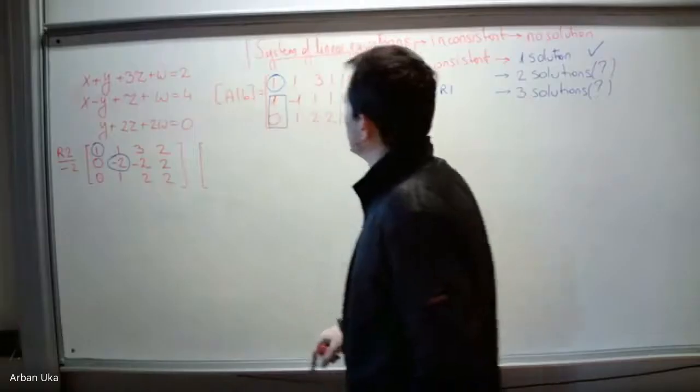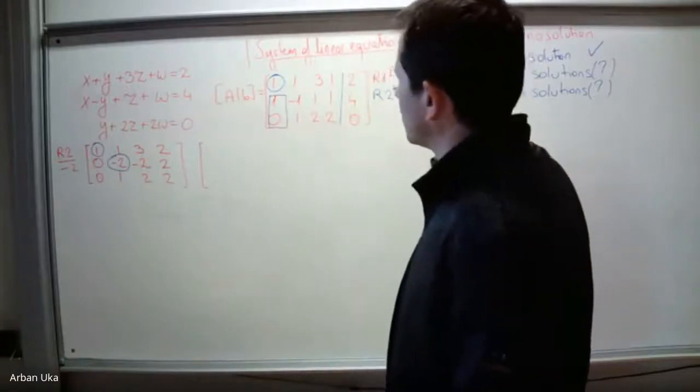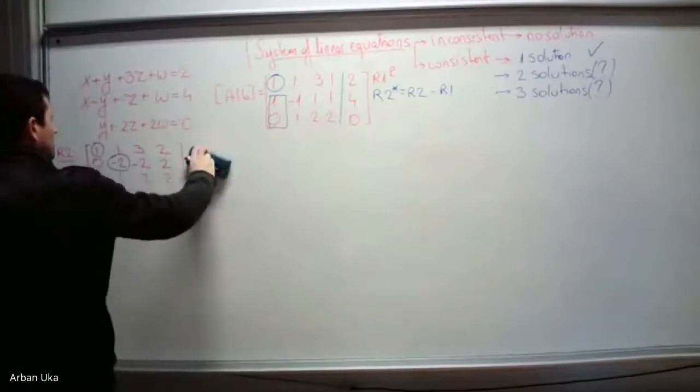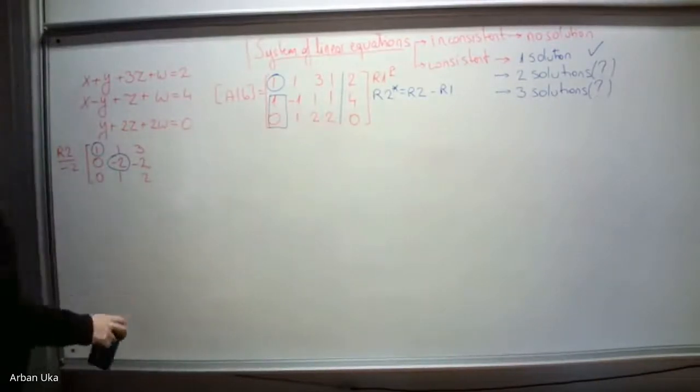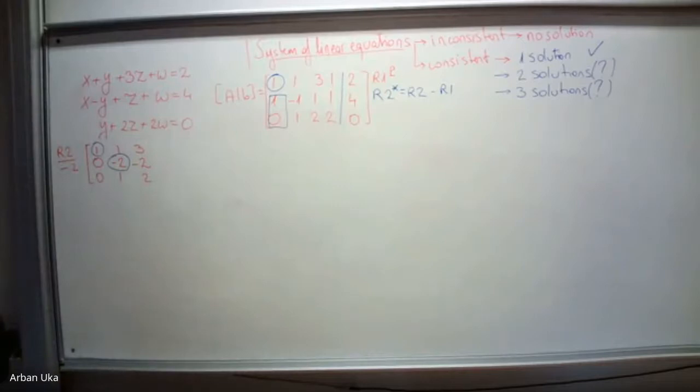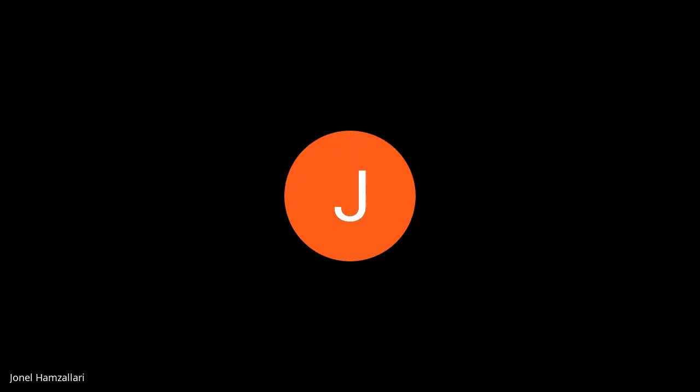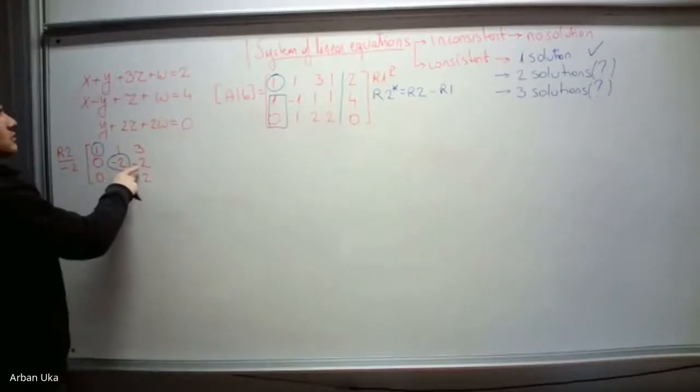Oh no! I'm missing a lot. I missed the complete column. Sorry. So let's redo it. It should be 1, 1, 3, 1, 2. Minus 2, minus 2, 1.